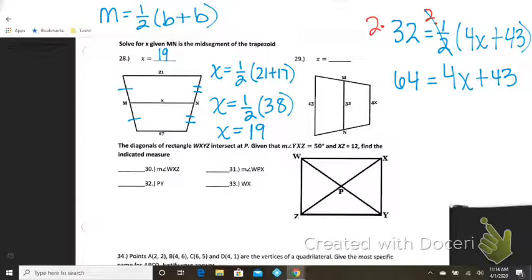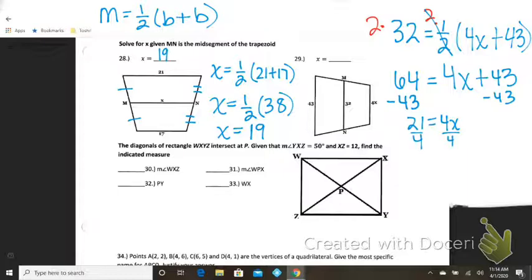All right, to keep this going, we need to subtract 43 on both sides. And 64 minus 43 is going to give us 21. To get x all alone, we would have to divide by 4.